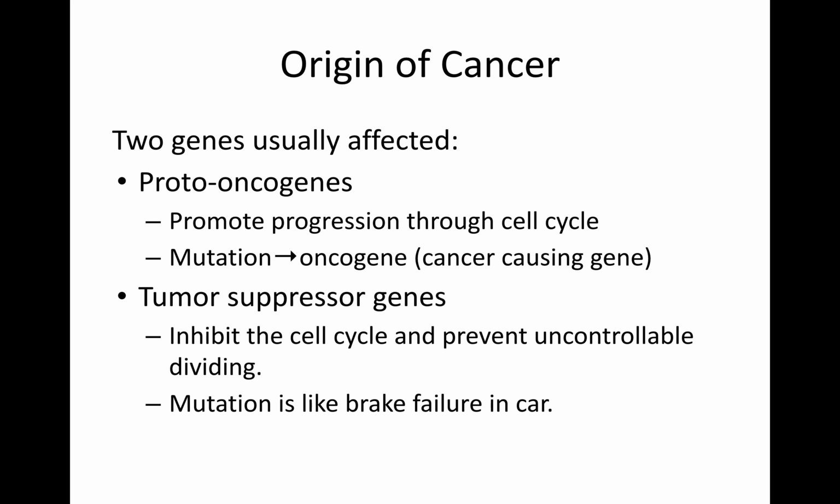That's what the mutation is, okay? And then you have tumor suppressor genes. These inhibit the cell cycle and prevent uncontrollable dividing. So a mutation in this is like a brake failure in a car. I was talking about going 120 miles per hour. That's one of the ways cancer can work.